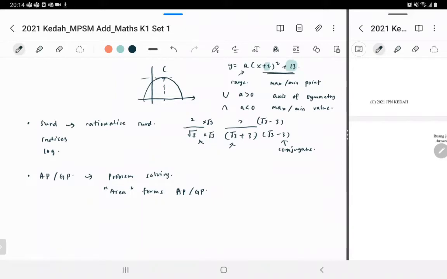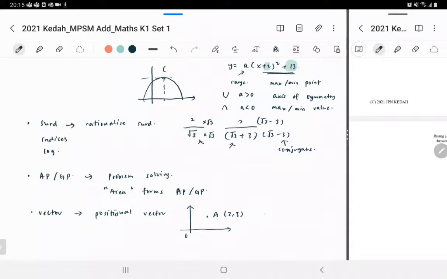And then another one is vector. Vector, quite popular, is about the positional vector. For positional vector, the question will give you coordinates, like point A here, the coordinate is 2, 3. So the positional vector will be 2i plus 3j, if you still remember.